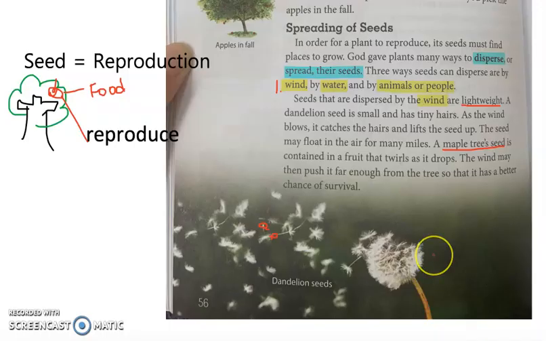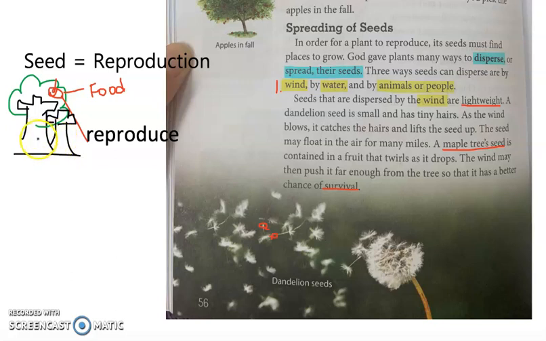Then let's go back. And why do they travel? To survive better. Because when they're too crowded, let's say here is an apple tree, and let's say there is another apple tree right beside it. And this will cause what? Competition, because there is only a limited amount of land.